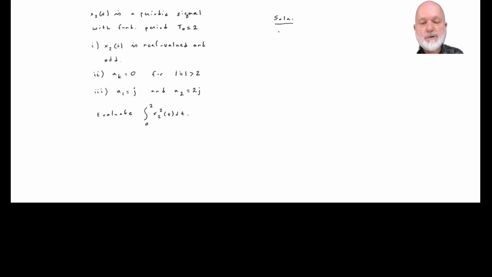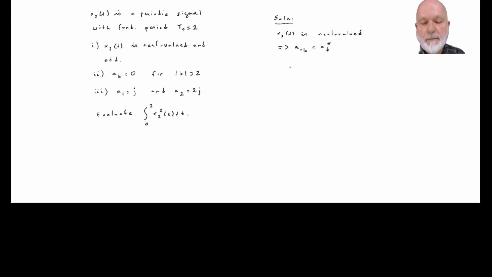Now, since x2 is real valued and odd, since x2 is real valued, first of all, x2 of t is real valued. Therefore, this means that a minus k is equal to ak complex conjugate.